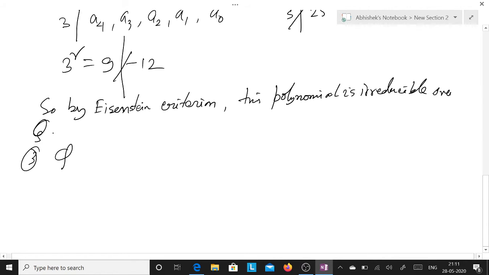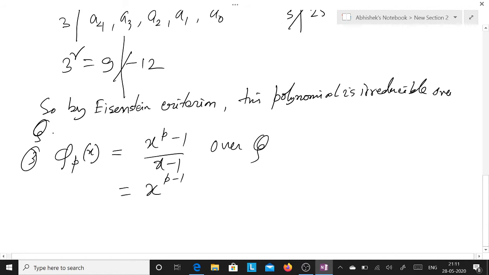The polynomial is, for a prime p, (x to the power p minus 1) by (x minus 1) over Q. So it is the polynomial which looks like x to the power p minus 1, x to the power p minus 2, up to x plus 1, over Q.